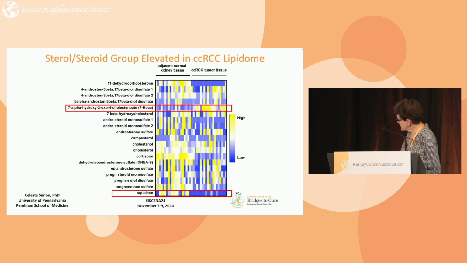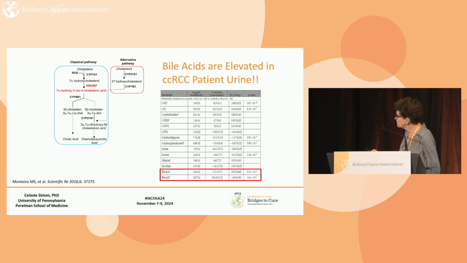This also coincides with the fact that the tumors pretty consistently overexpress this product of HSD3B7. It has a long name, so I'll just call it 7-HOCA. And again, this is a way to detoxify these potentially death-promoting oxysterol compounds in these tumors.